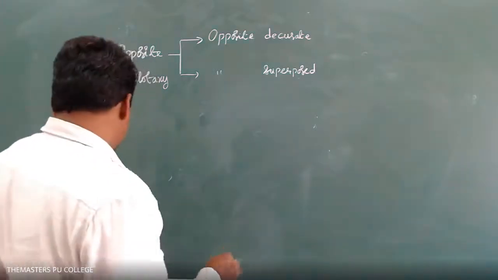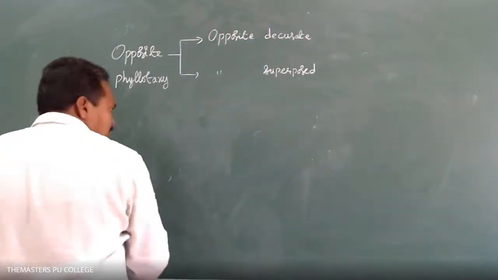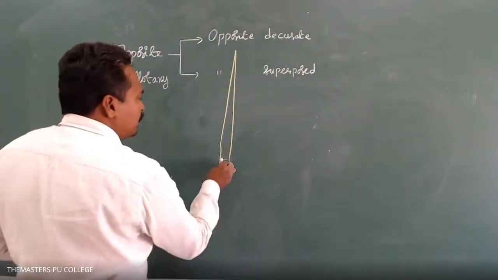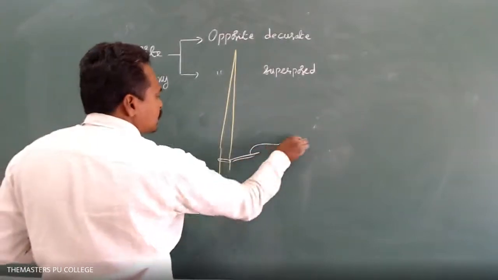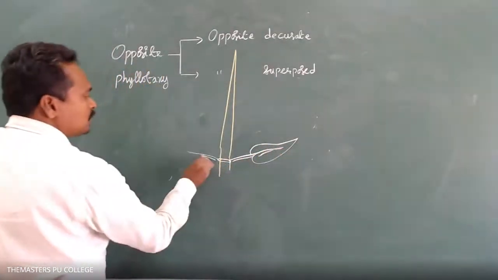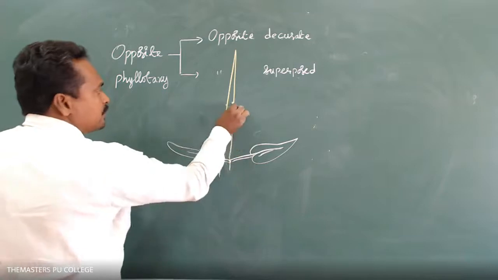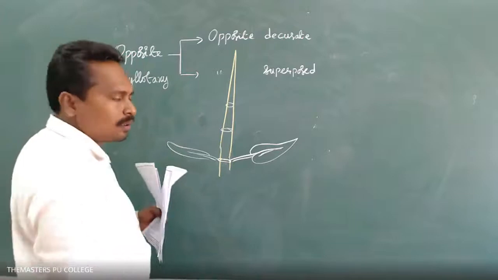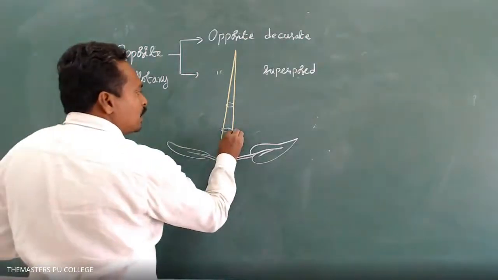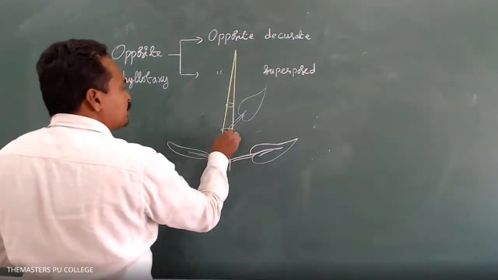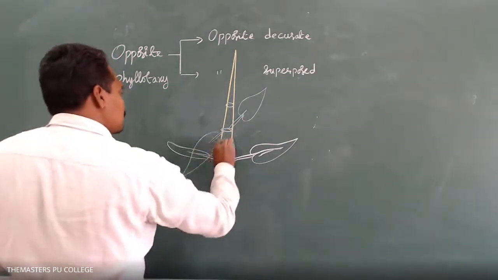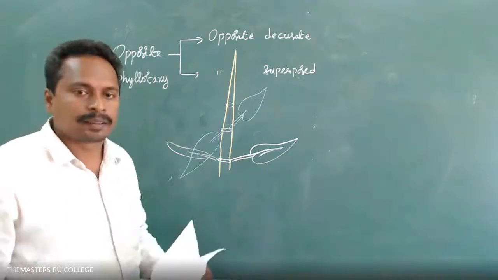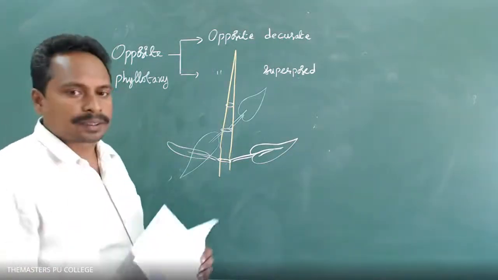One is opposite decussate, the second is opposite superposed. In opposite decussate phyllotaxy, look here, the stem is differentiated into nodes and internodes. One pair of leaves is arranged at a right angle to the next pair of leaves. That is opposite decussate.